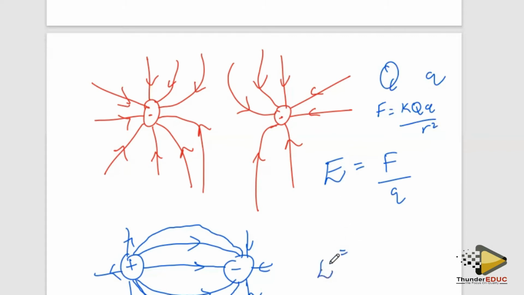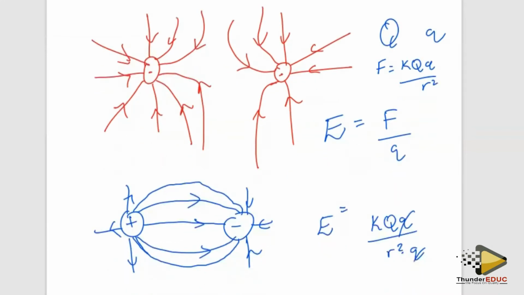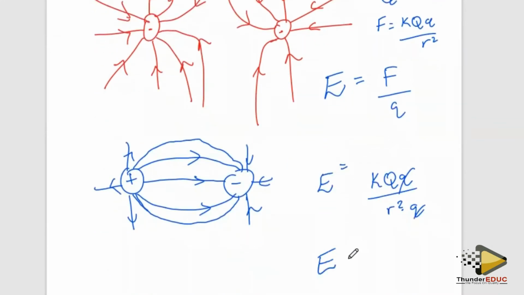So if we do the substitution, it's going to be KQ over R squared times q. So this is going to cancel that out, and that leads us to this other formula which we normally use, E is equal to KQ over R squared.